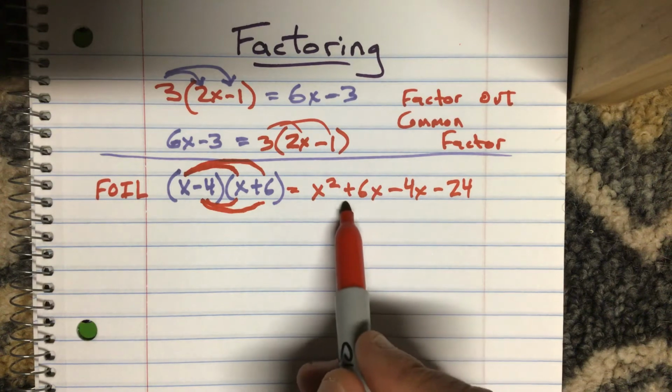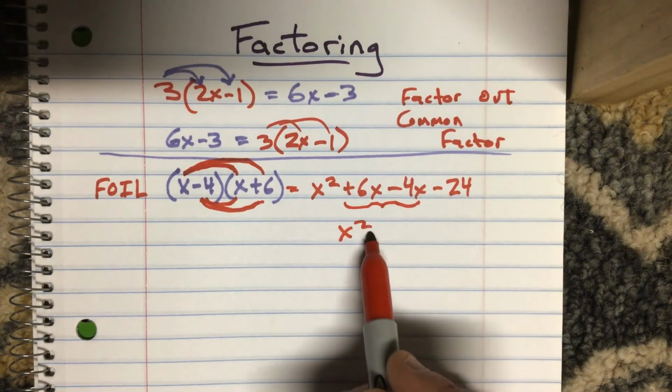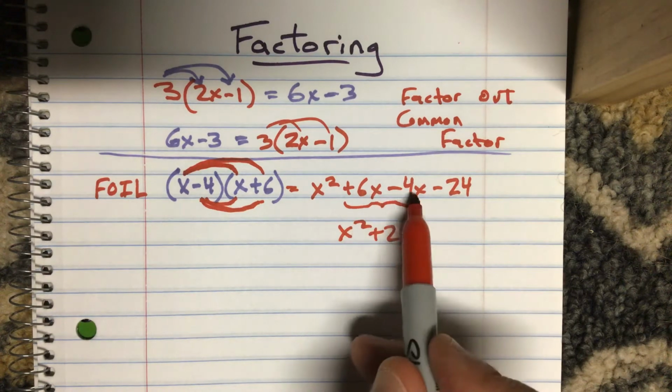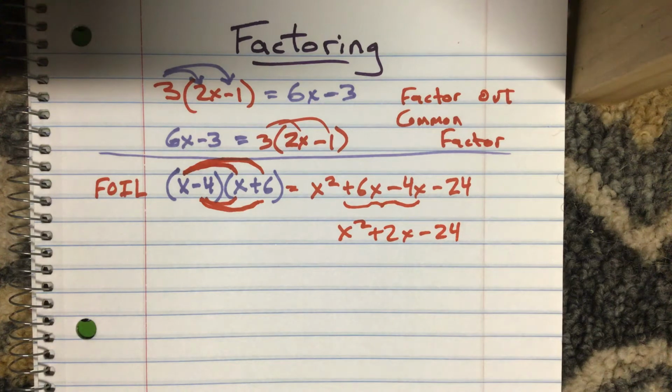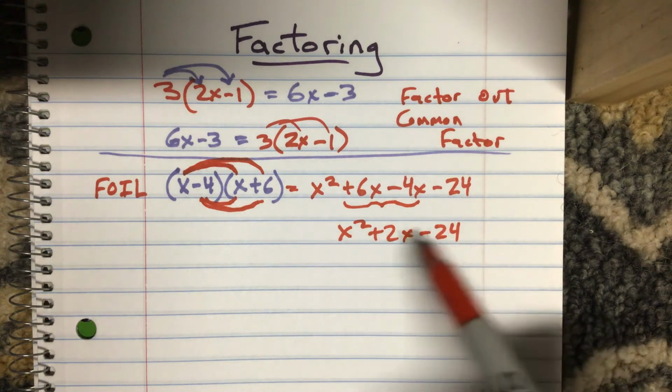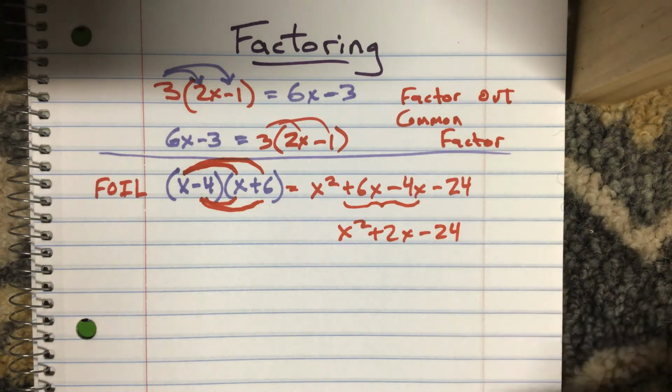Now here we have these like terms that can be combined. So you get x squared plus 2x, because you've got 6 minus 4, minus 24. And that's a polynomial. More specifically, it's a trinomial because there are 3 terms. Anything more than 2, we just say poly, meaning many, so it's a polynomial.